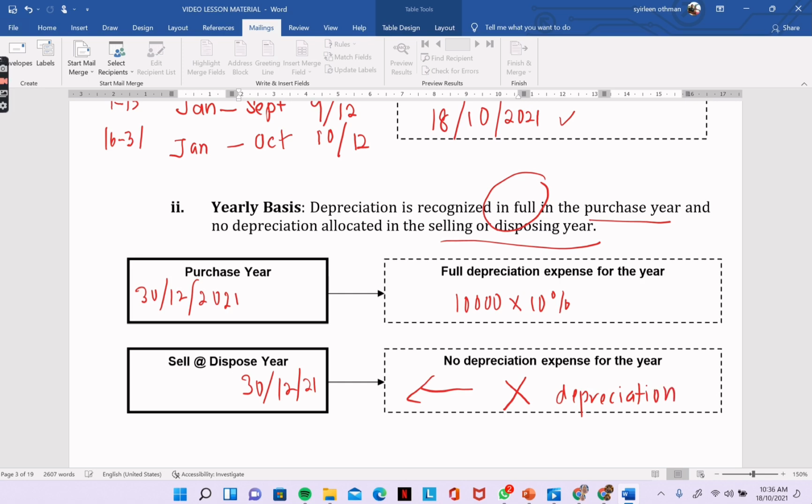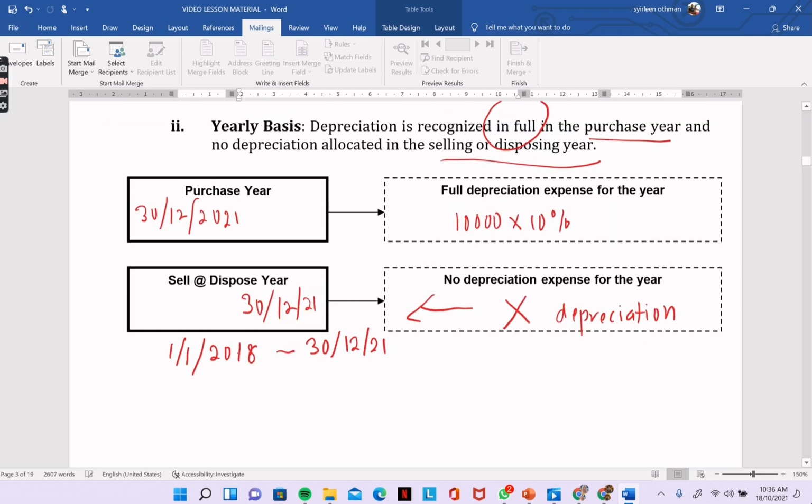Let's say I bought the asset on the 1st of January 2018, and I'm going to dispose of it today, 30th of December 2021. For this asset, I need to calculate the book value, right? The accumulated depreciation is only calculated for the years 2018, 2019 and 2020.